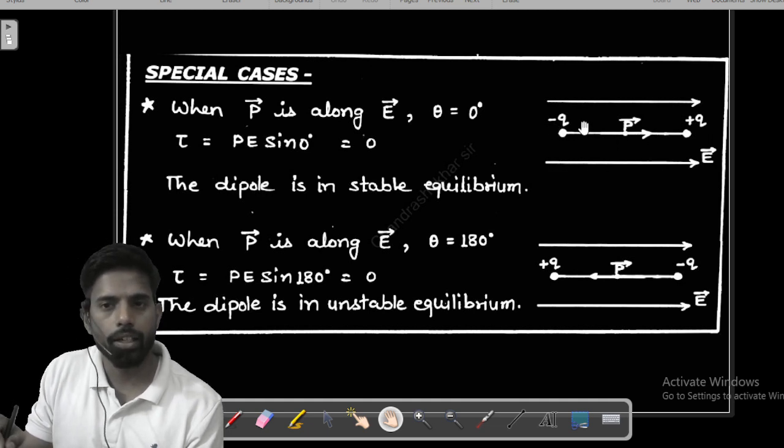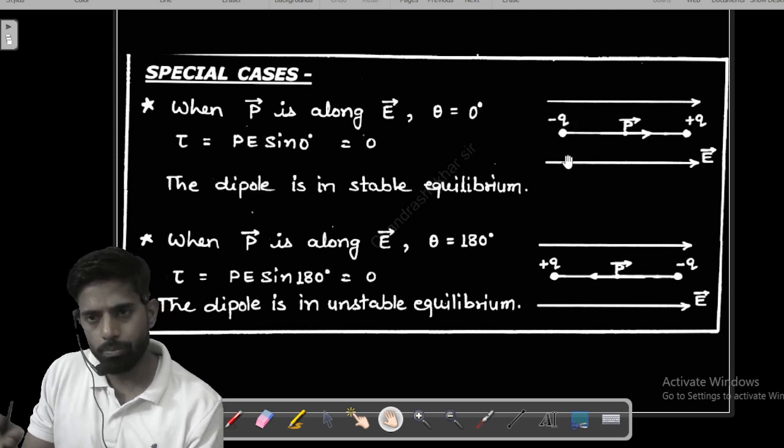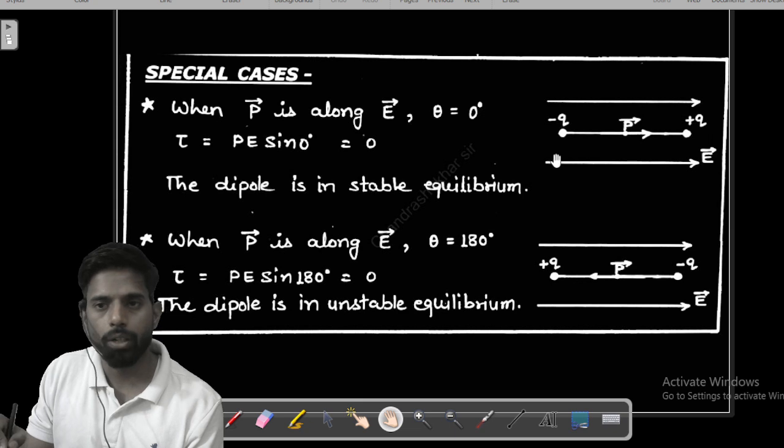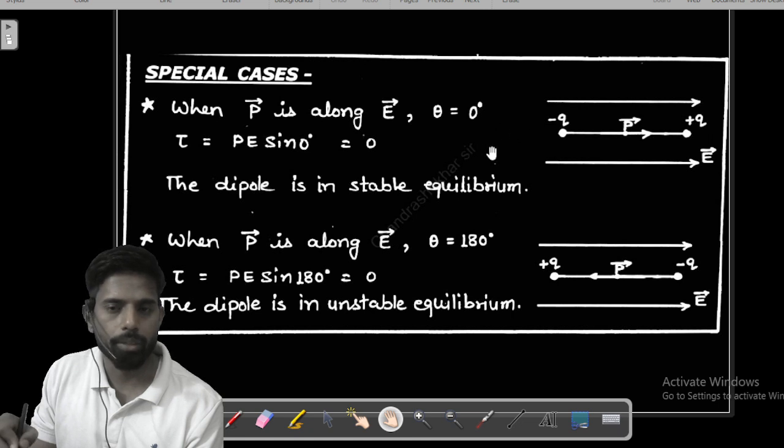We know the direction of dipole moment is from negative to positive. Electric field is also toward where? Toward right, and dipole moment direction is also right. Both have the same direction. That's why the angle between them is 0 degrees. In this case torque is 0. So this is the case of stable equilibrium.